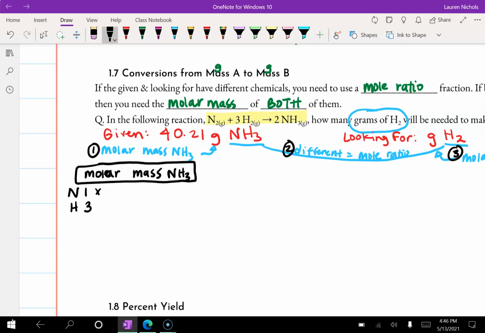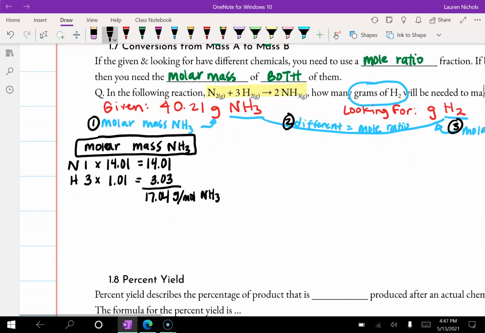The mass for nitrogen on your periodic table is 14.01, so when we multiply, that stays the same. The mass for hydrogen is 1.01, so we get 3.03. When we add it together, we get 17.04 grams per mole of NH3.